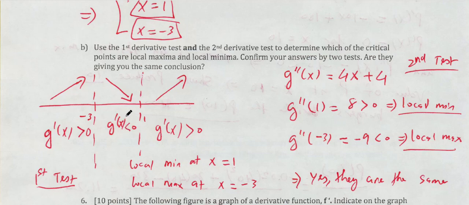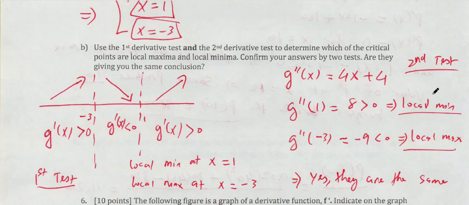I pick one value between minus 3 and 1 and put that value into the g prime function, and that gives me negative, so it's decreasing. Then one value to the right of that gives increasing for g prime. So we can see increasing, decreasing. So this is local max at minus 3, and then going down and going up again, this is local min when x is equal to 1.